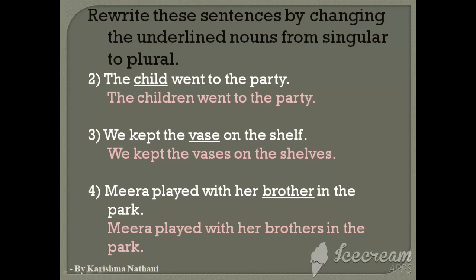First one is your example, so we start with second. The child went to the party. We have to convert singular form child to plural. Answer is the children went to the party. Here children is plural of child.